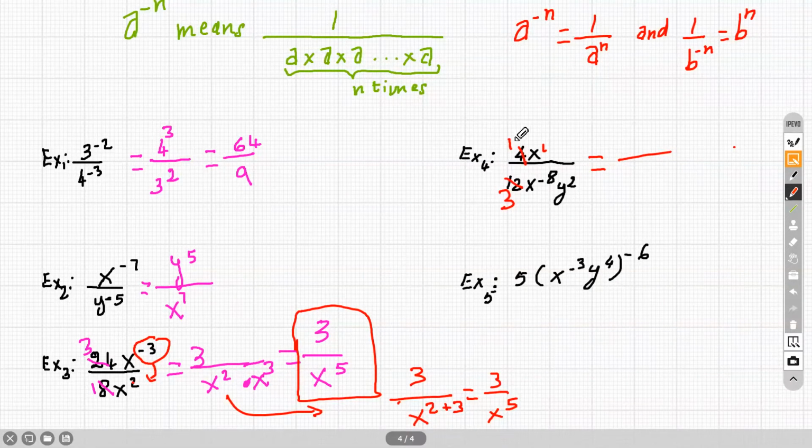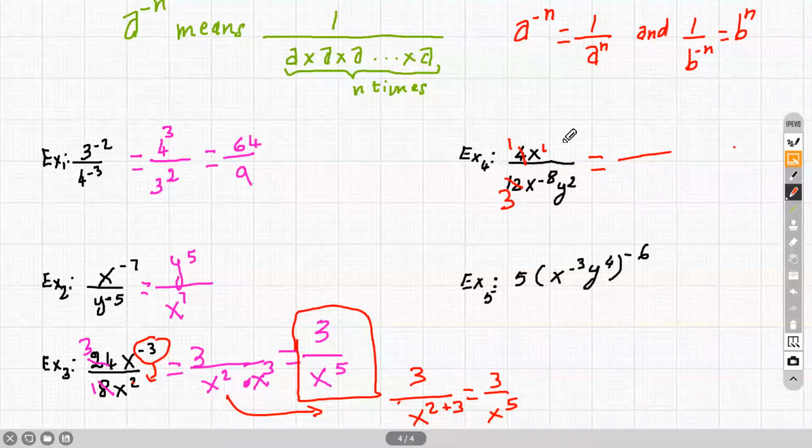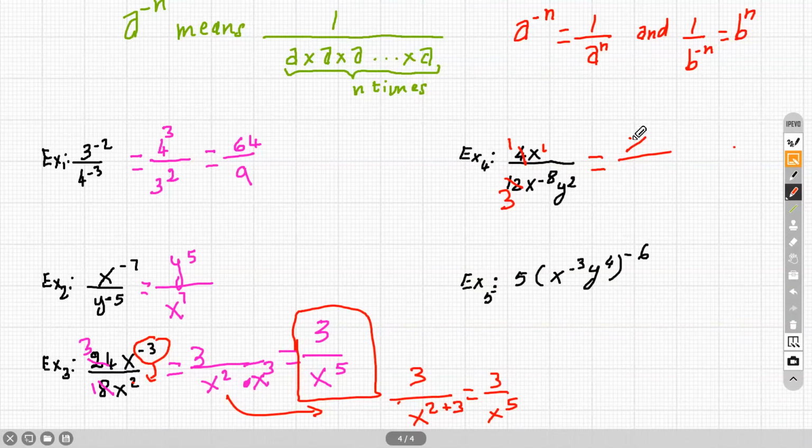Now 1 times x to the power 1 is just x. So that's your numerator. Now I'm going to move this negative 8 to the top. So it would be 1, which is the exponent of this x right here, plus 8. So this 8, when it moves to the numerator, becomes positive. Now, y?